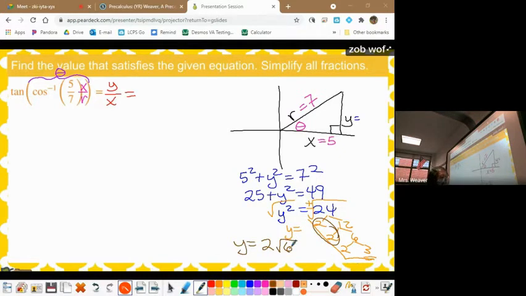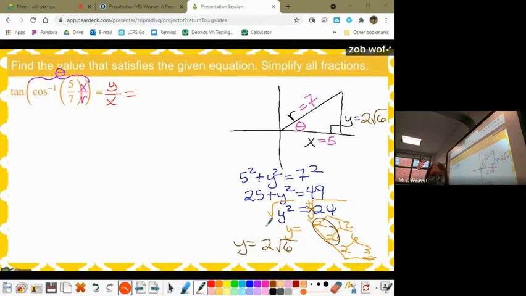Do we want the positive or negative option for our y value? Looking at our triangle, it's in quadrant 1 where everything is positive, so we're going to throw out the negative option. We want the positive option there. So y is 2 root 6.